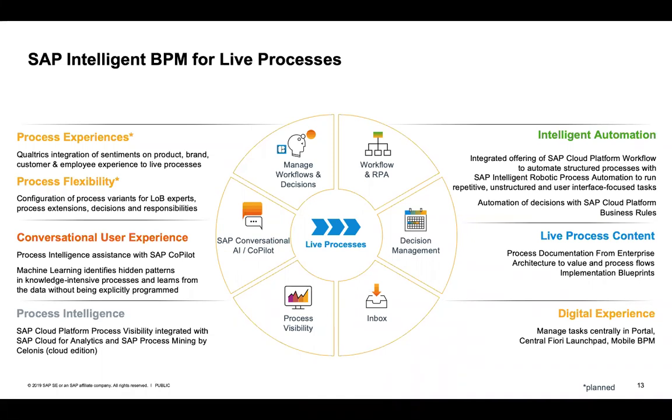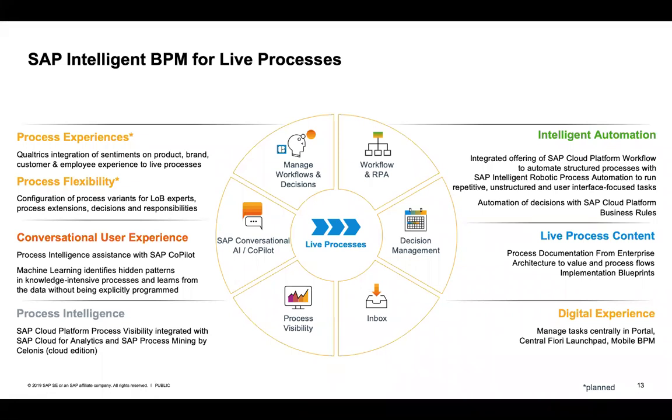In addition to that, what we are currently working on, but nevertheless I will also show you in the demo today, is a process flexibility cockpit. Here the end user, actually the business user, would be able to configure process variants and process extensions without the involvement of the IT department, while the IT department is providing these pockets of flexibility, if you will, and also the needed content, which will be delivered, of course, by us, SAP.